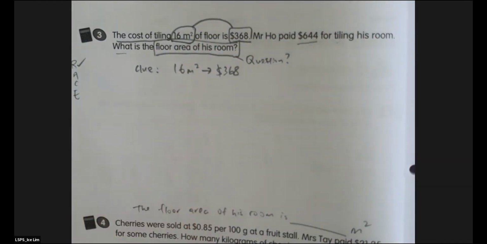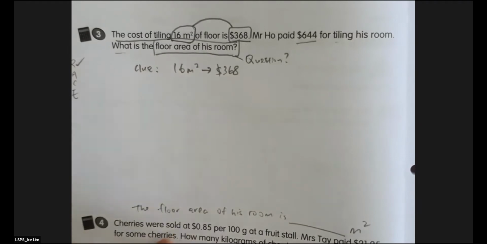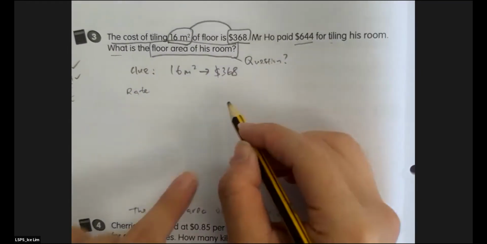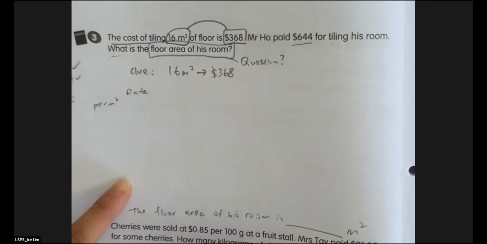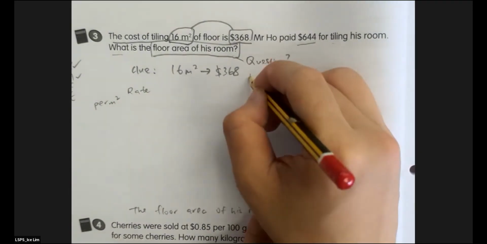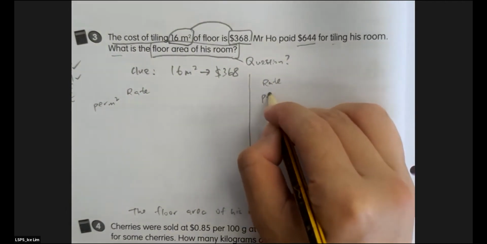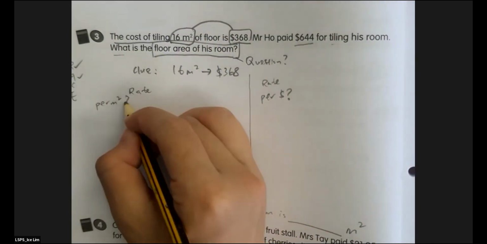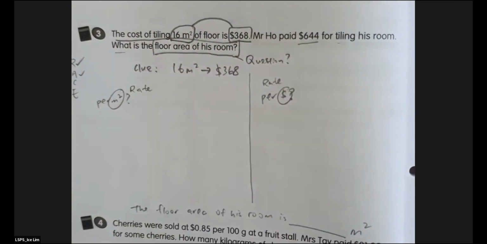So the two units given are square meters and dollars. The rate can go with either I find one unit as per square meter, or I find the rate as per dollar. Okay, using per square meter or per dollar as the unit.